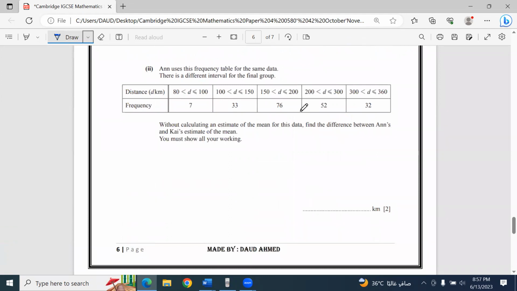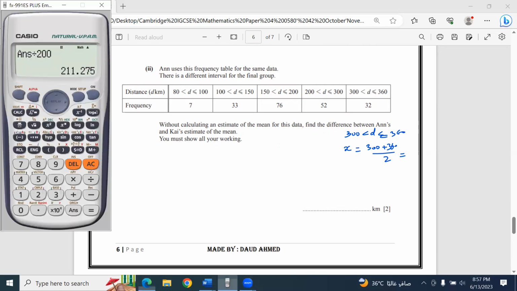Okay. So I need to find what is the x value of this last interval, which is 300 to 360. So my middle value of this is 300 plus 360 divided by 2, which gives me 330.